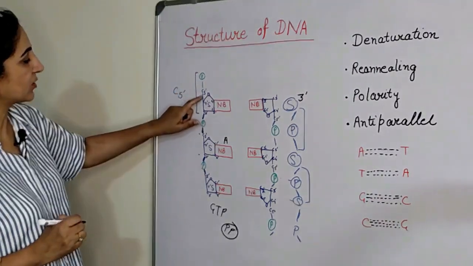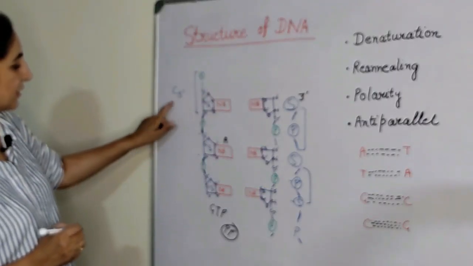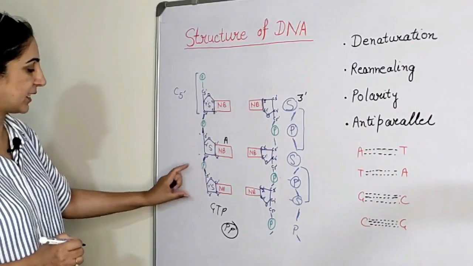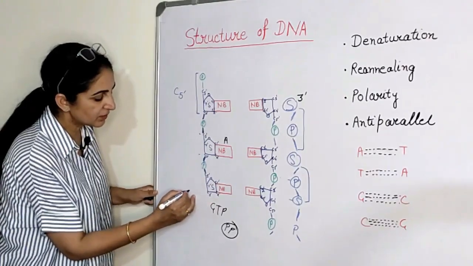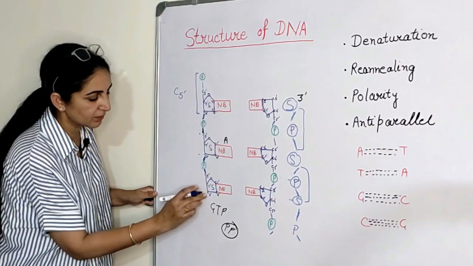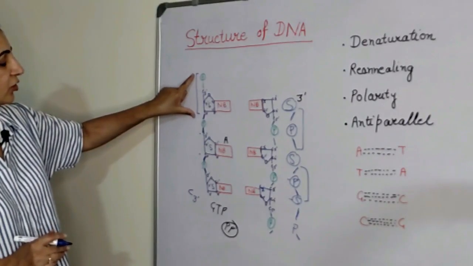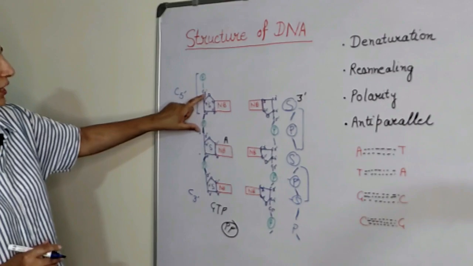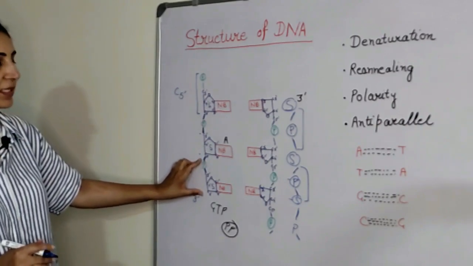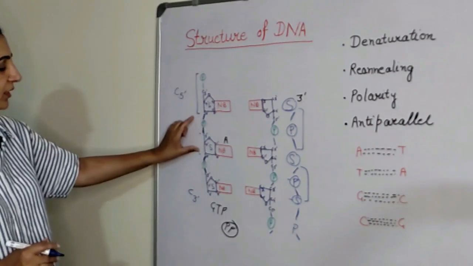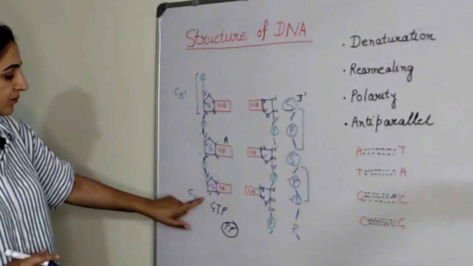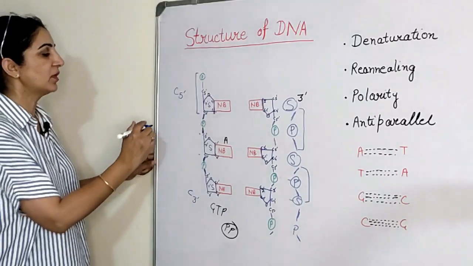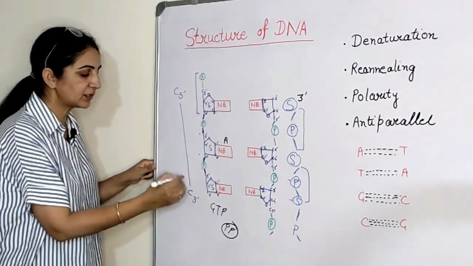This nucleotide has got C5 prime end here, and similarly suppose this is the last nucleotide in the single DNA strand and it ends with C3 prime here. See, this is one nucleotide. What is the carbon atom number at the end? It is C5 prime. Suppose this is the last nucleotide, after attaching so many nucleotides, it has got C3 prime end. So the polarity of this chain is from C5 to C3.